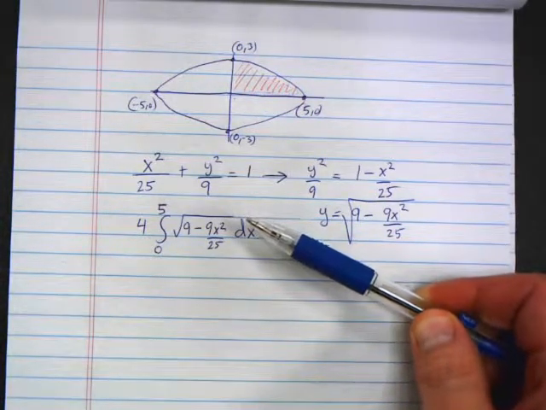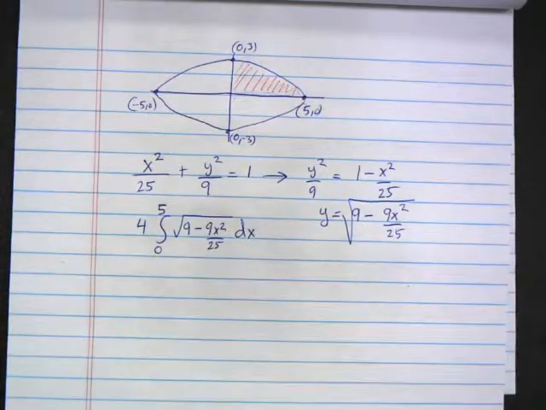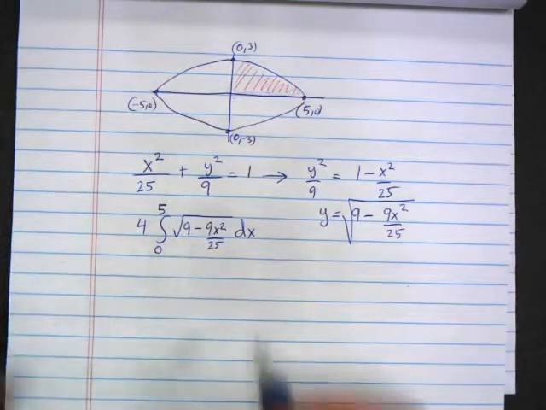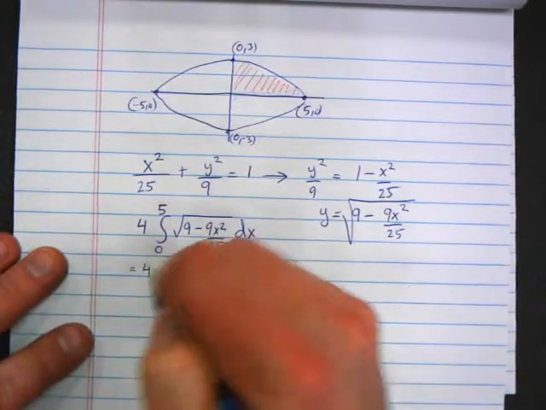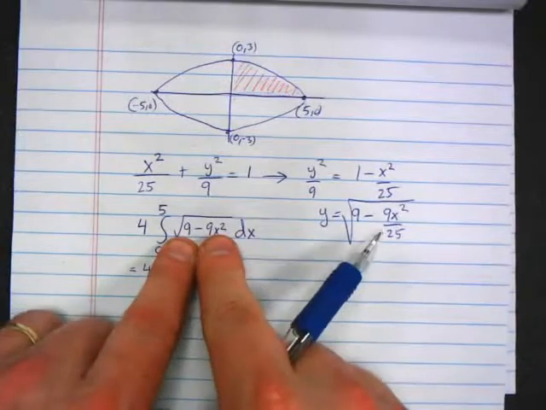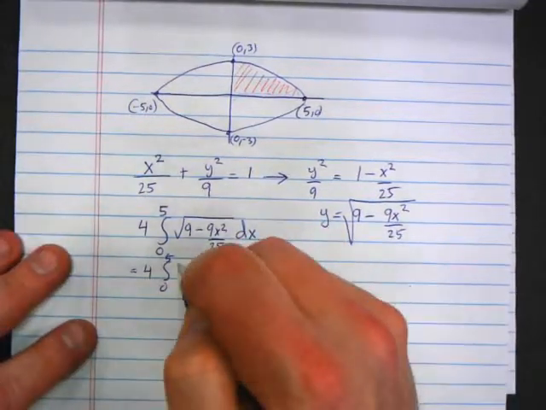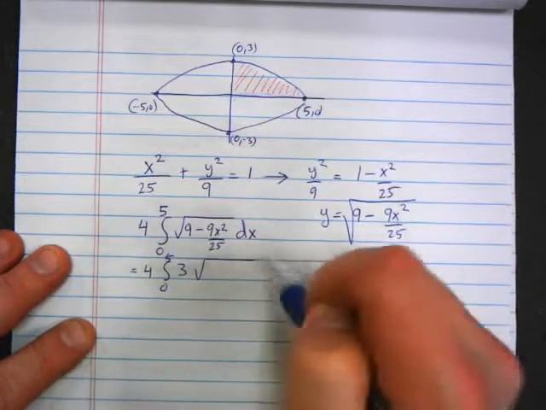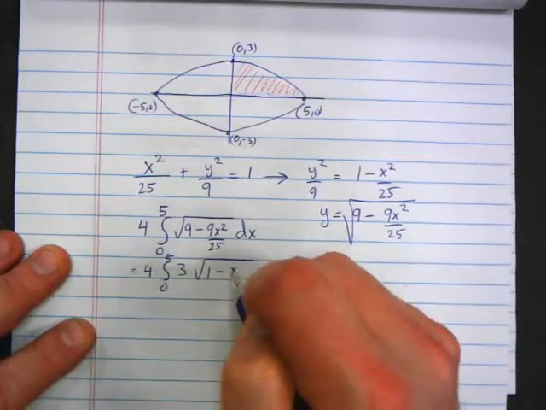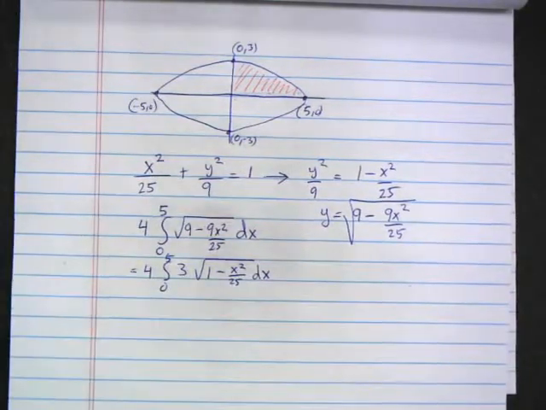So a little exciting review of trig sub today. All right, well, I'm going to make it slightly easier. I'm going to pull the 9 out. So that's 4 times the integral from 0 to 5. If I factor a 9 out, I can then do the square root of 9. The square root of 9 is 3. So that's 3 square root of 1 minus x squared over 25 dx.